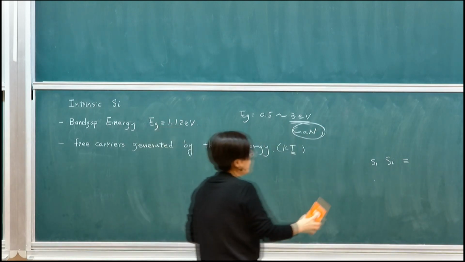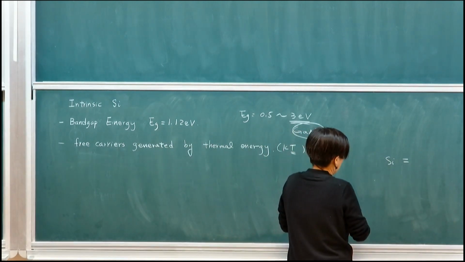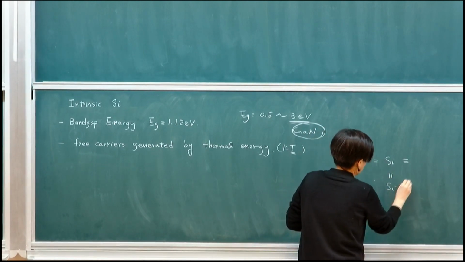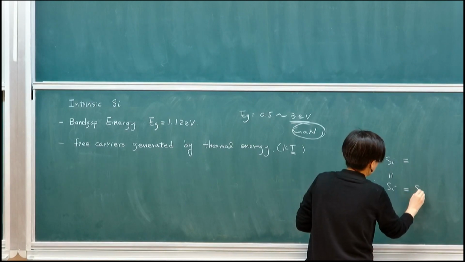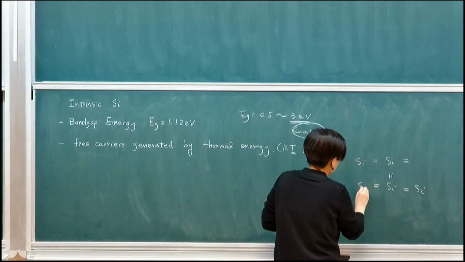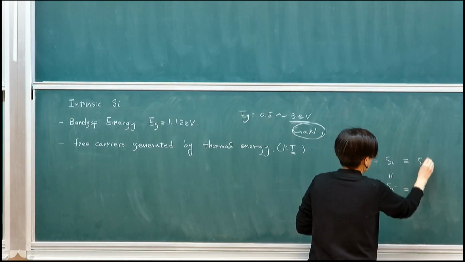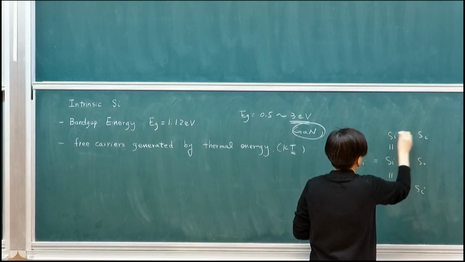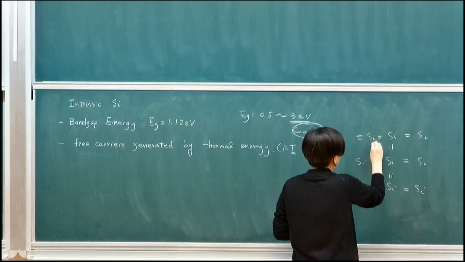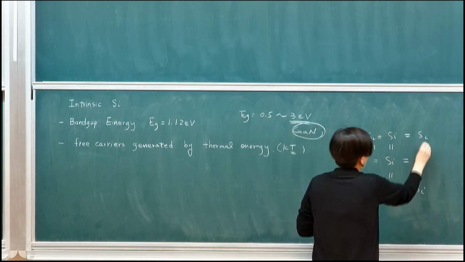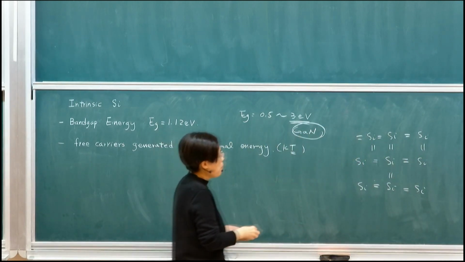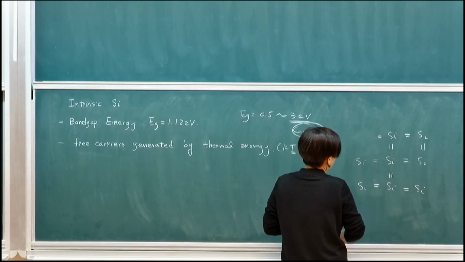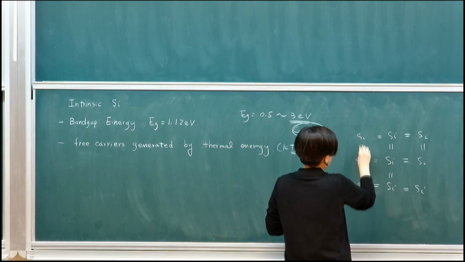So once one of the electrons, you start with a perfect crystal, and then once you raise the temperature a little bit, some electrons will take up the energy and break the bond. Let me align it back like this.